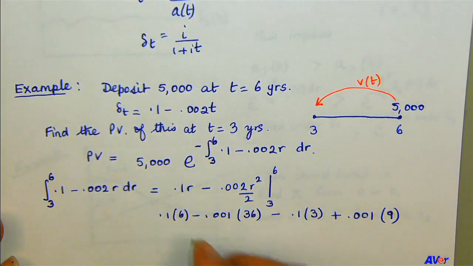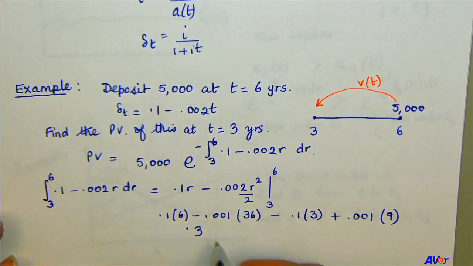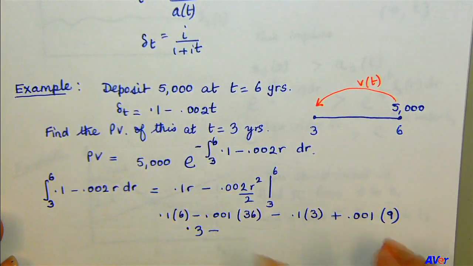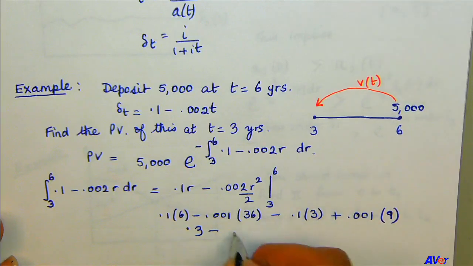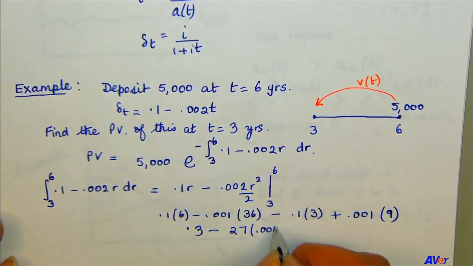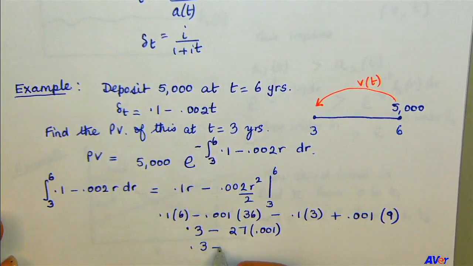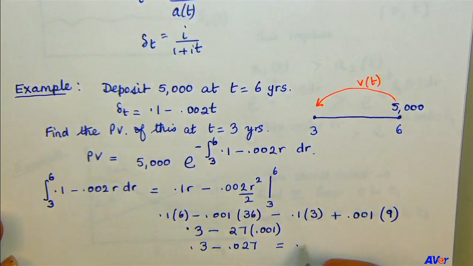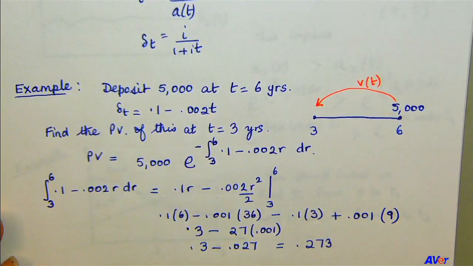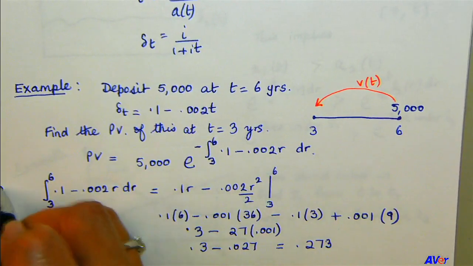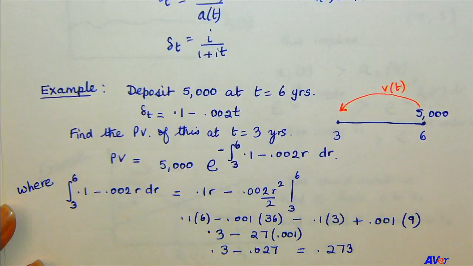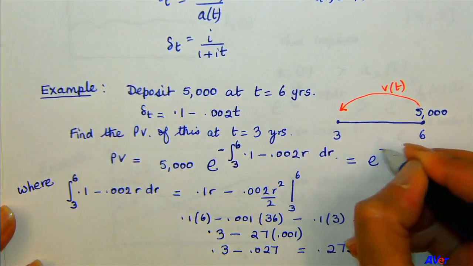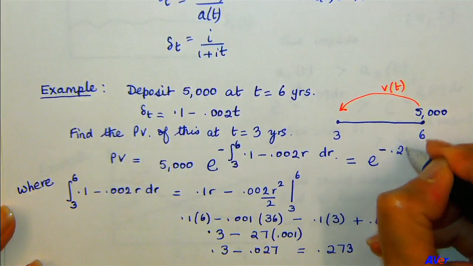You can correct me if I make a mistake, guys. So this is 0.3 plus minus, right? Minus 27 times 0.001. That makes sense. 0.3 minus 0.027, which is 0.273. And then go back and put this into the integral. So let's say here e to the minus 0.273.